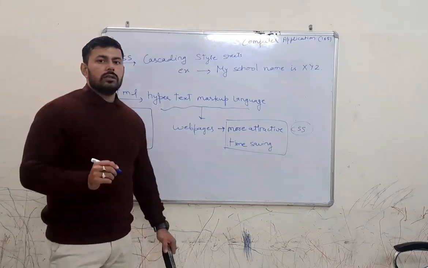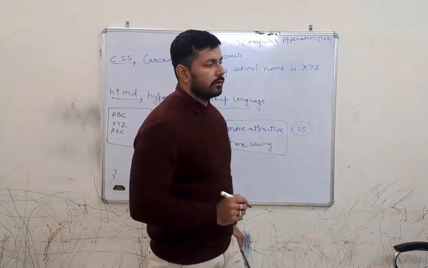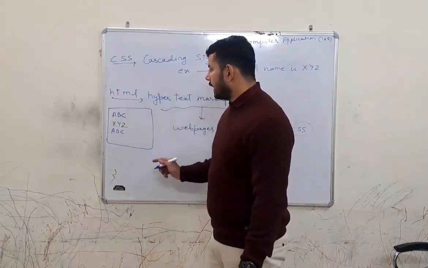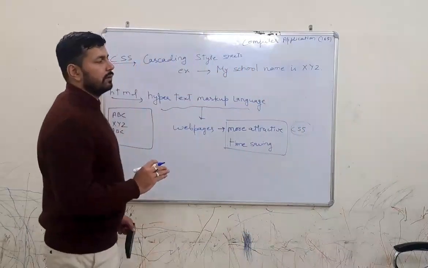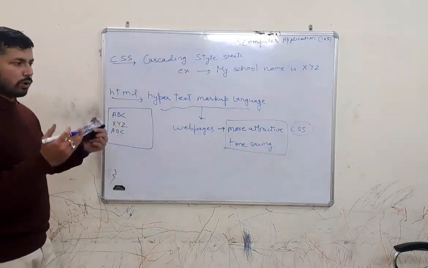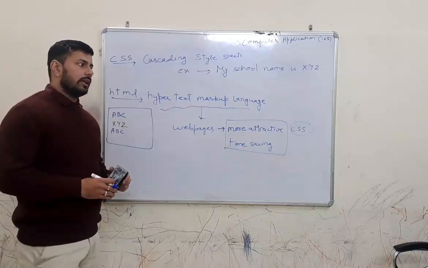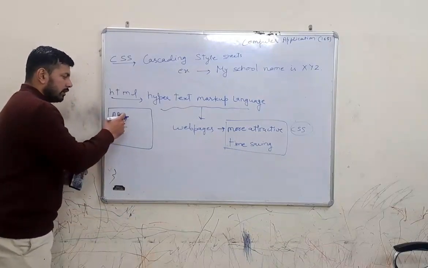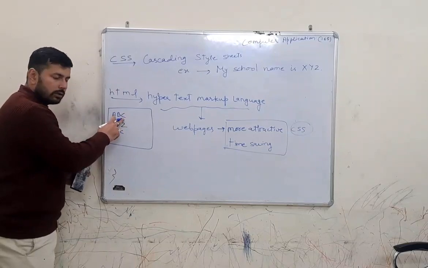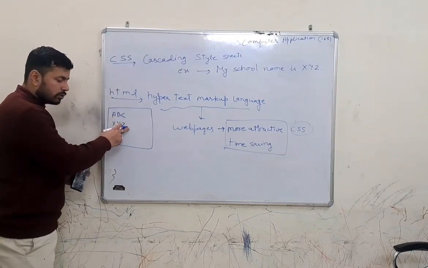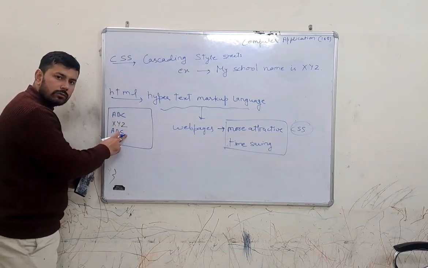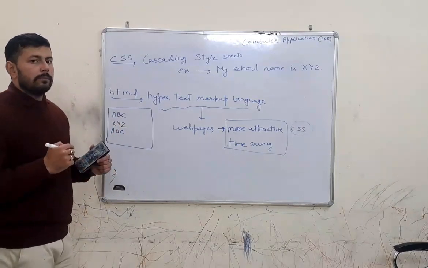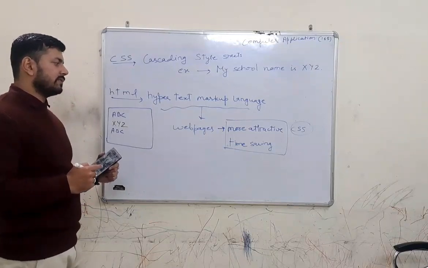If you add the property and the value again and again, let's first not talk about CSS. If I go through only HTML, I have to apply the color in this heading, this heading again, and in this heading again. But if I apply the color with the help of CSS, then it will be time saving.